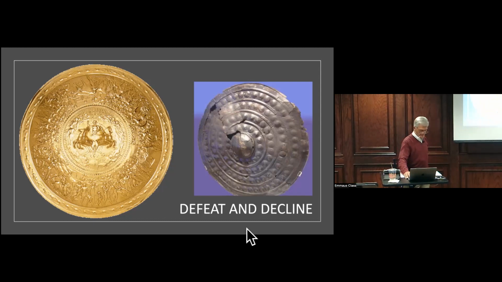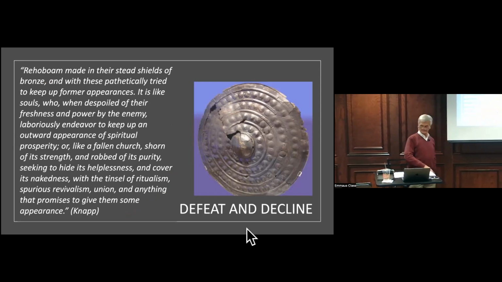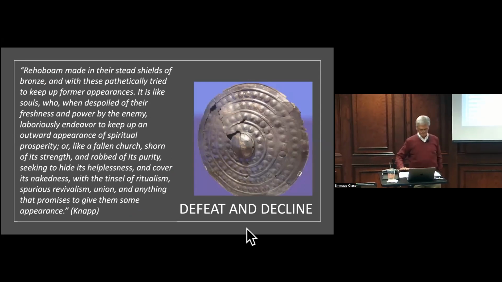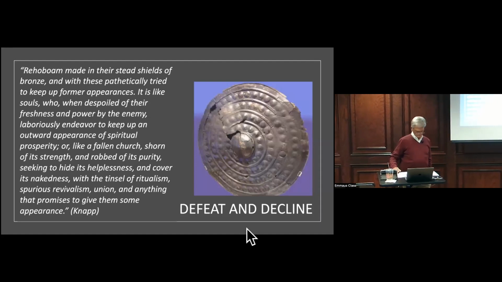Now, what happened after that? 2 Chronicles 12, 8-10 tells you something interesting. They will, however, become subject to him so that they may learn the difference between serving me and serving the kings of other lands. When Shishak king of Egypt attacked Jerusalem, he carried off the treasures of the temple of the Lord and the treasures of the royal palace.